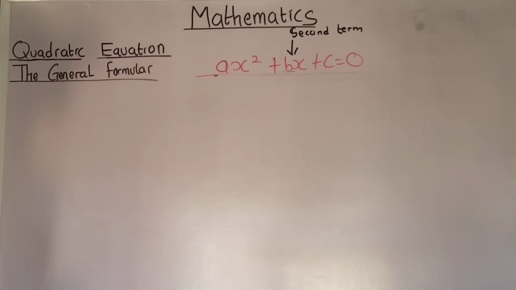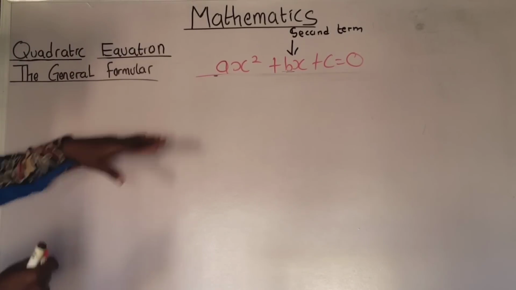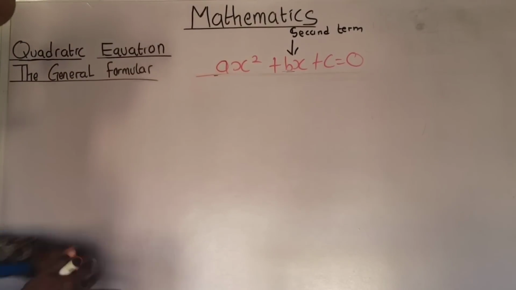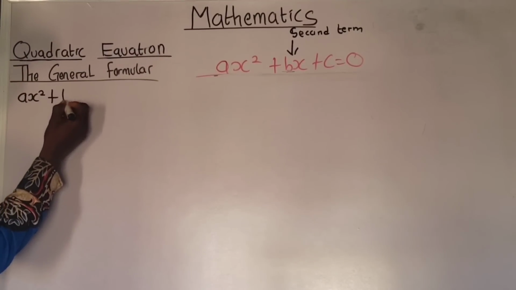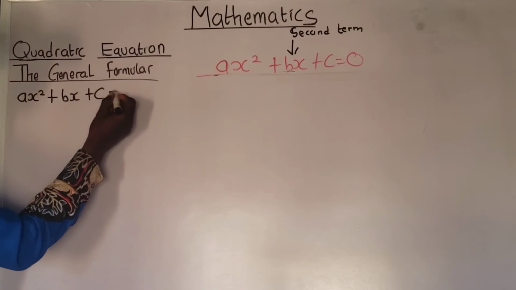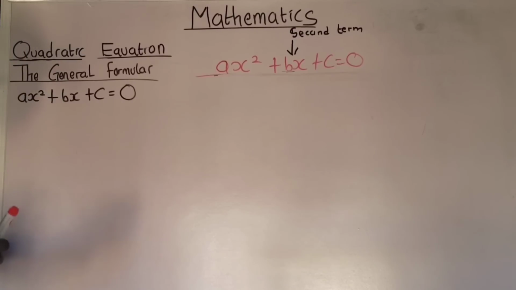Don't forget, in our previous class, I told you a typical quadratic equation can be represented as ax squared plus bx plus c equals 0. Please pay attention.